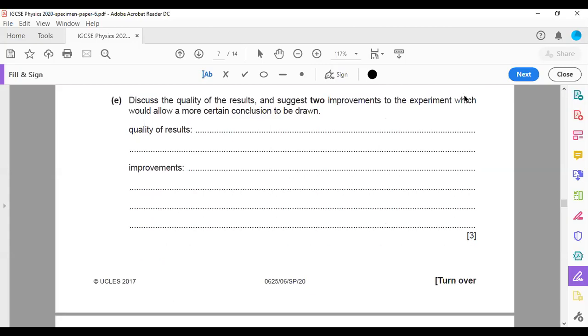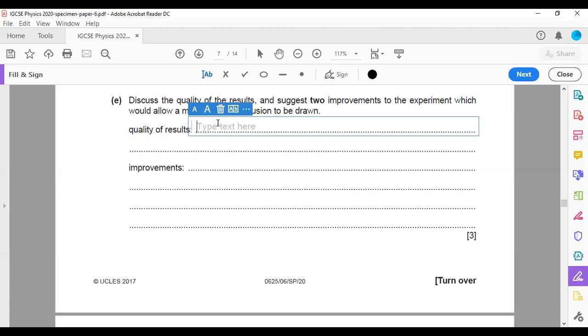Right, the question here says, discuss the quality of the results. Suggest 2 improvements of the experiment which would allow a certain conclusion to be drawn. So what is the quality of the results? What we just talked about, there's a slight temperature difference.